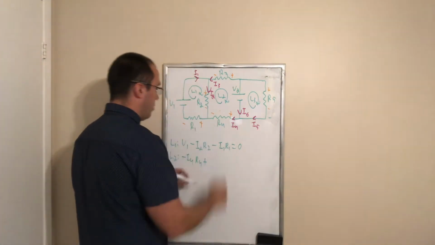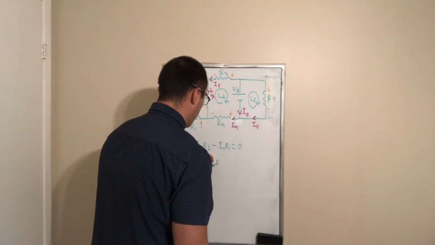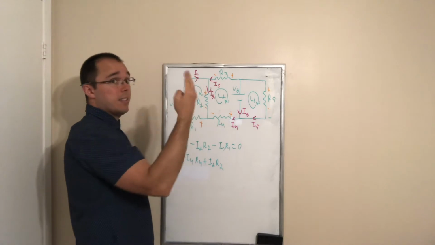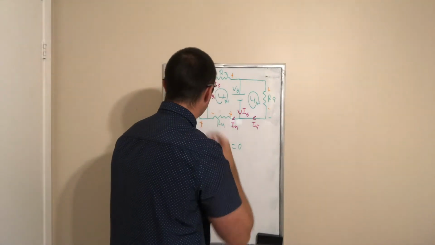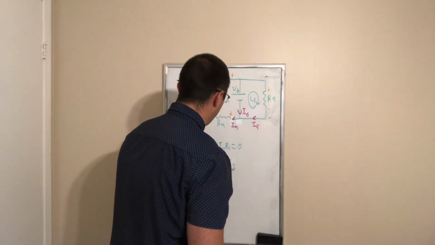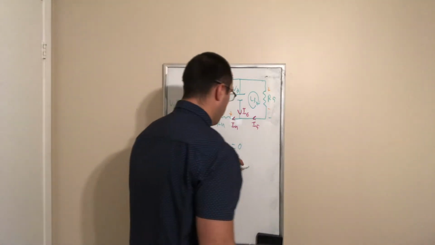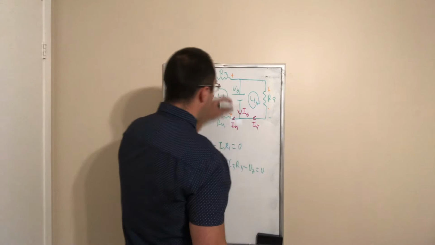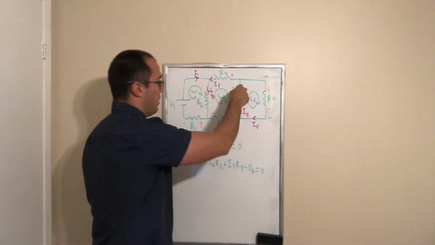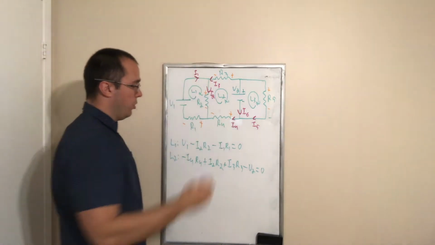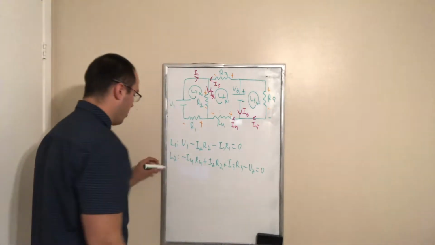So plus I2 R2. We are going into that direction, the third one. It is also positive in this case, so plus I3 R3. We are going the reverse way for V2, which means it is minus V2, equal to 0. Now note again, same logic, there's a plus or minus. We are going from plus to minus. It's a voltage drop.